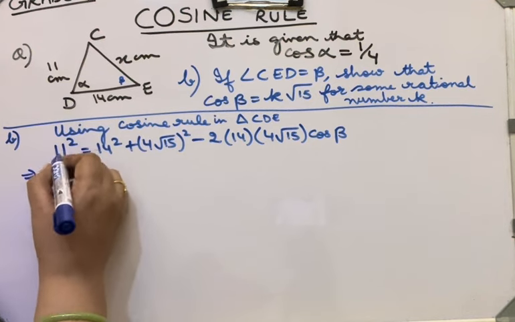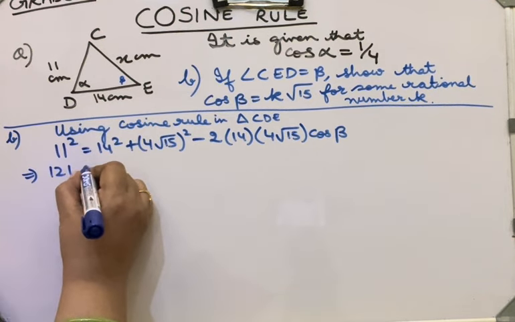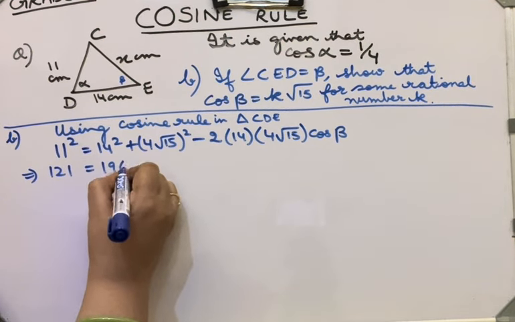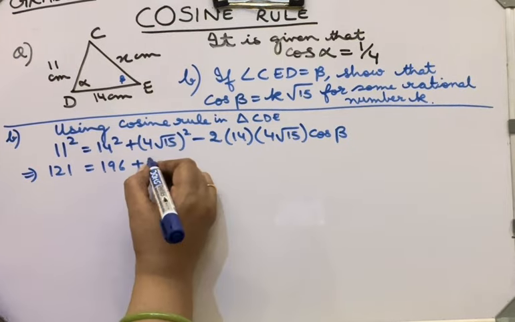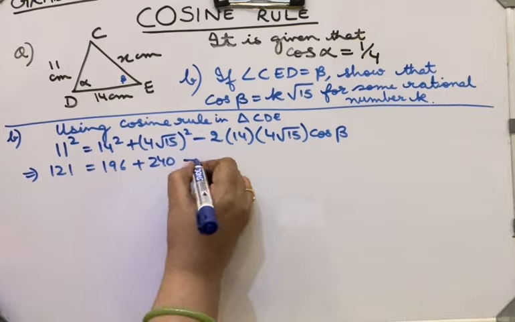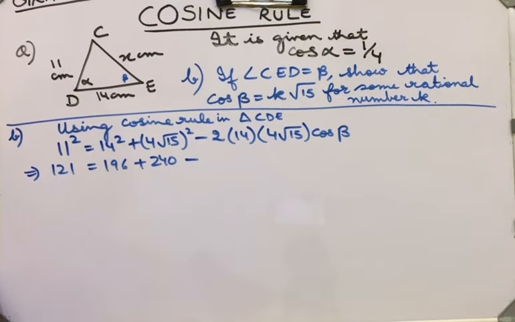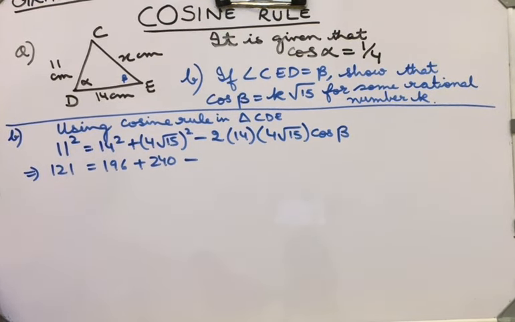Further simplifying, we get 11 square is 121 is equal to 14 square is 196 plus 4 root 15 whole square is 240 minus 2 multiplied by 14 multiplied by 4 root 15.